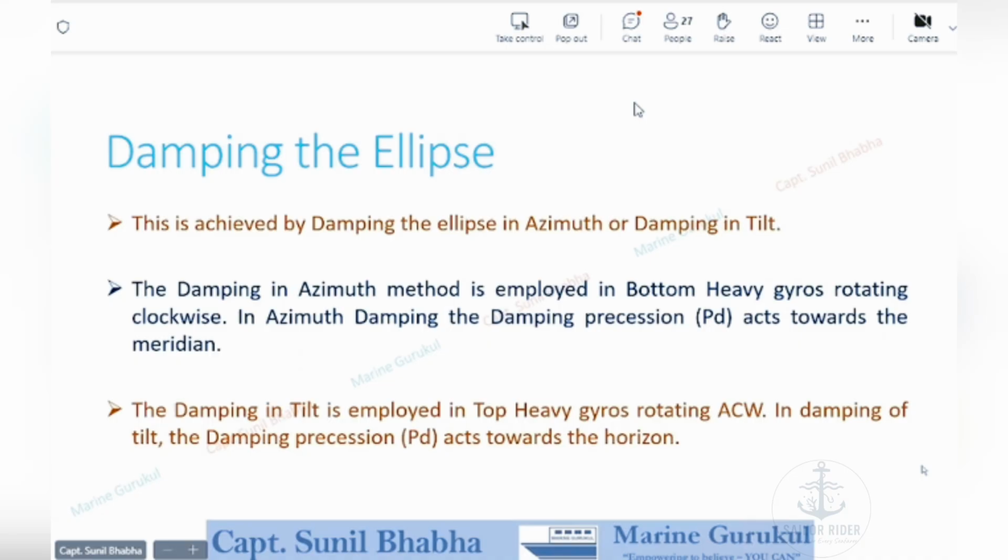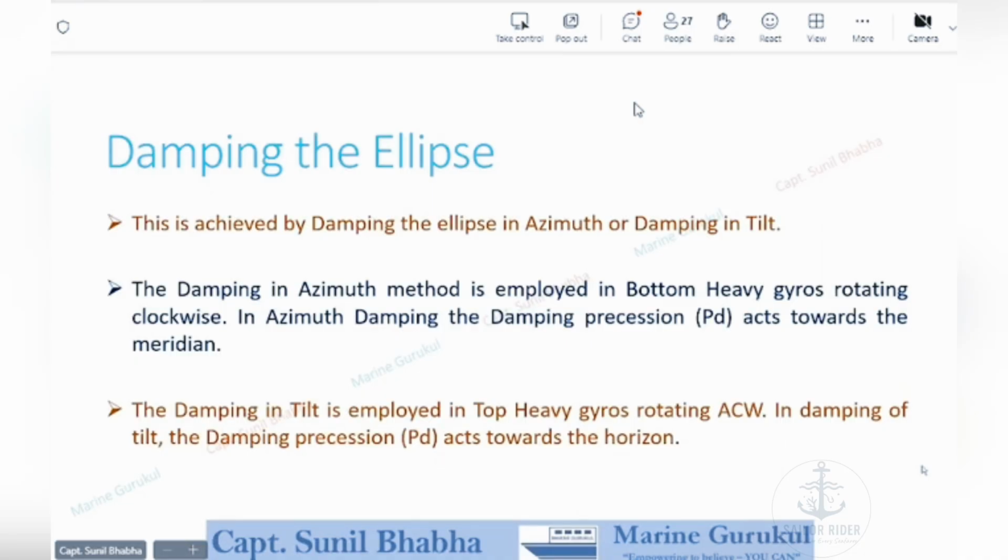And whenever the spin axis goes below the horizon, it tries to push the spin axis upwards towards the horizon. So basically, damping in tilt method uses a damping precession which opposes the tilt in all the cases. If you have an upward tilt, it acts downwards, opposite to the tilt. And if you have a downward tilt, it acts upward, opposite to the tilt.